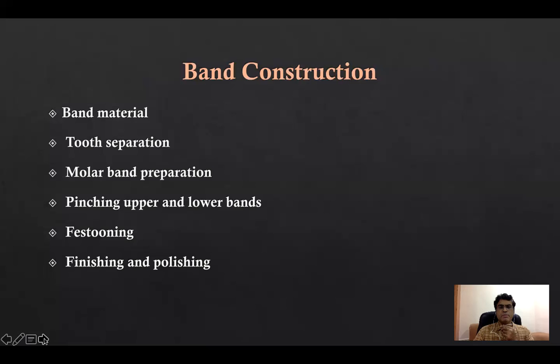So band material will be used, and there is tooth preparation, tooth separation as a part of band construction. Then molar band preparation will be there, pinching of the upper and lower bands, festooning, finishing, and polishing as required.